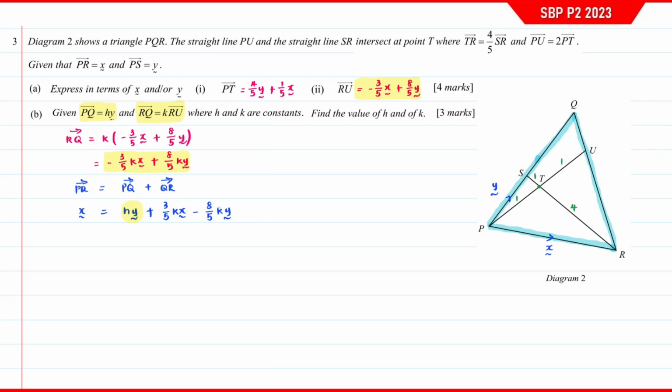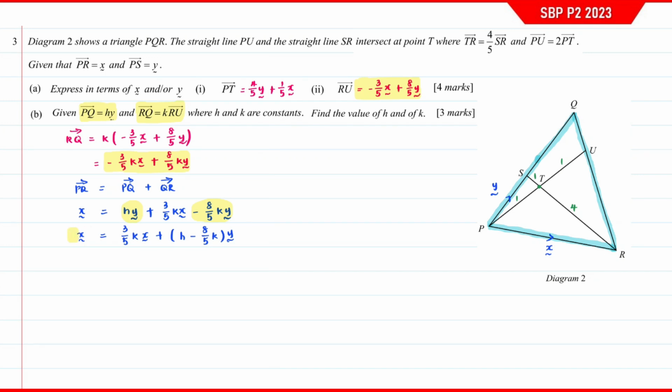For the vector Y part, we can factorize this, so it will be bracket H minus 8 over 5K. Now we can compare vector X with vector X and vector Y with vector Y on both sides.